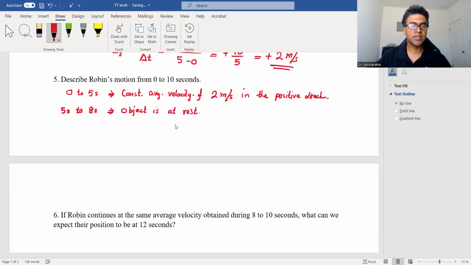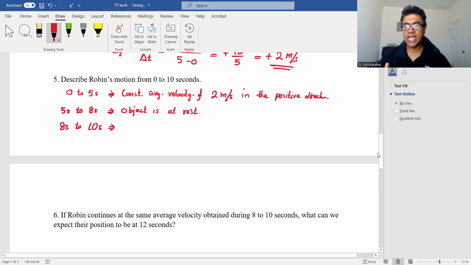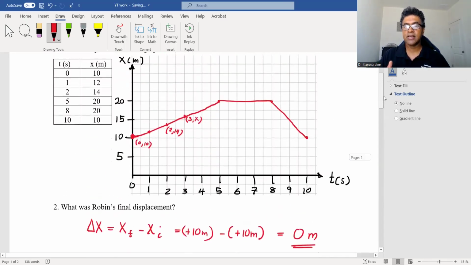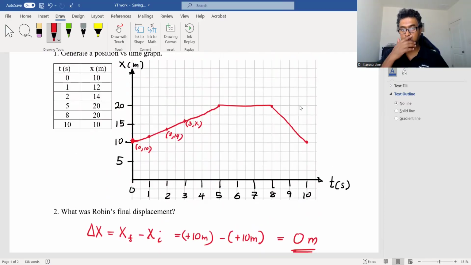Then the last one, 8 seconds to 10 seconds. There's again a slope, a constant slope. It's a negative slope. So the object is going to turn around and come towards the starting point.